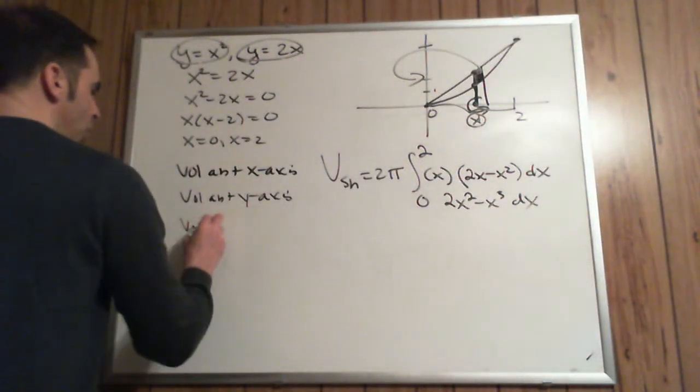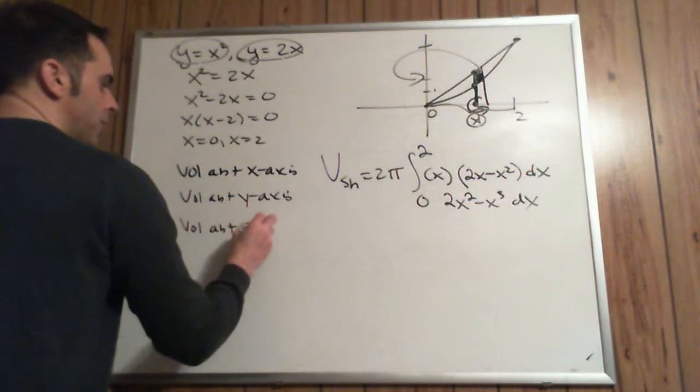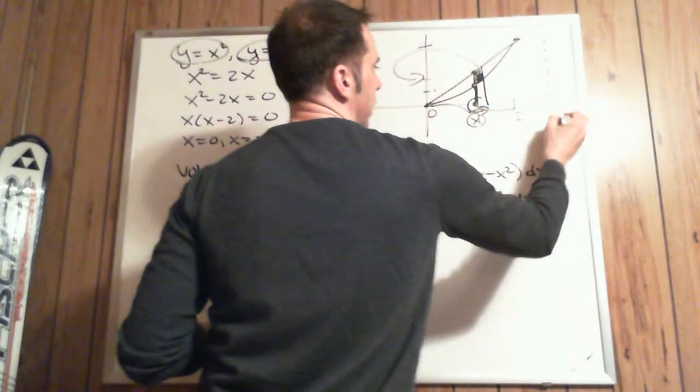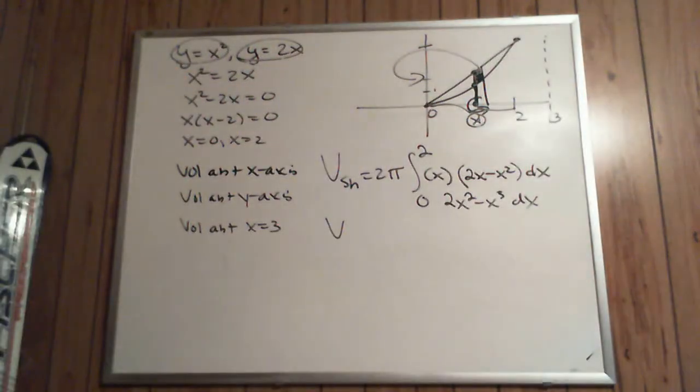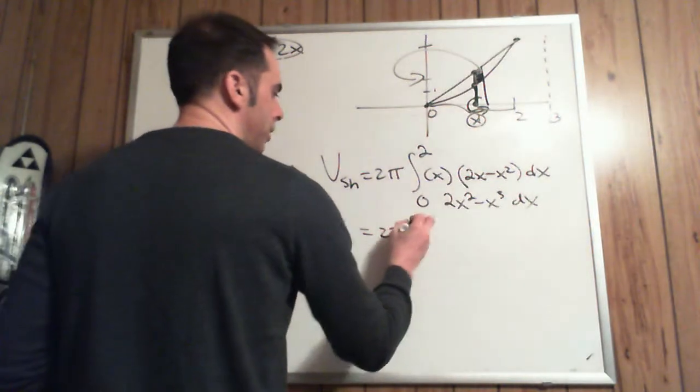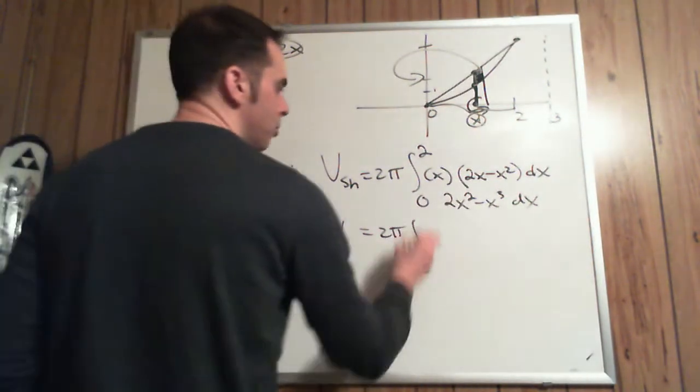If we were to do the volume about the line x equals 3, well, x equals 3 is out here. How does it compare to the axis of rotation? It's parallel. So parallel is shell. Parallel is shell. 2 L's. So 2 pi from 0 to 2 again.